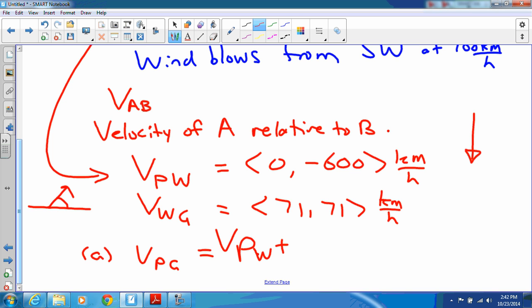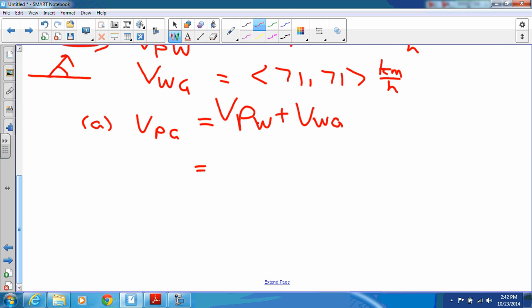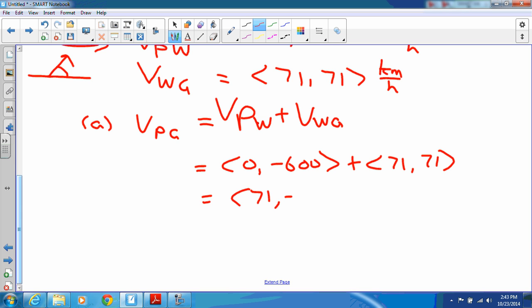If you add the velocity in one reference frame to the velocity of that reference frame relative to another one, VPW plus VWG, notice that if it's properly labeled, the inner indices match up, right? Then what you get is VPG. And that's going to give us 0, negative 600 plus 71, 71 equals 71, negative 529 kilometers per hour.